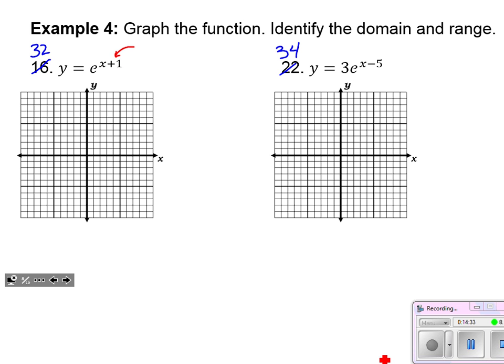So I'm anticipating that this graph is shifting left 1 unit. It's not lifting it up or down at all, so I'm still expecting a horizontal asymptote on the x-axis, or where y equals 0. And it's a positive x for an exponent, so I'm expecting it to show some type of growth like so.